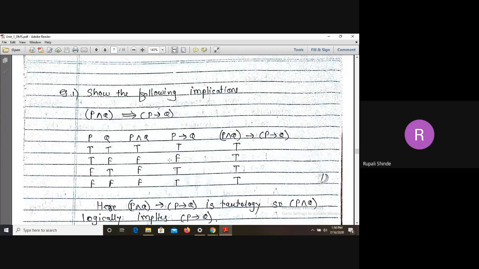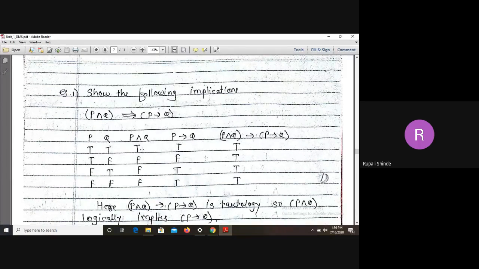Now, in order to prove this implication, we have to take the conditional between these two formulas: P and Q is the first formula, and P conditional Q is the second formula. So again check whether T F is there.